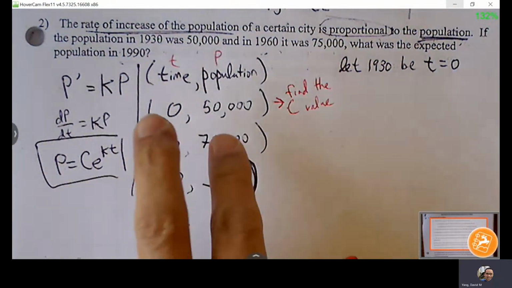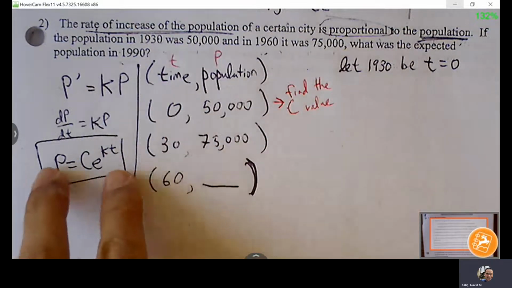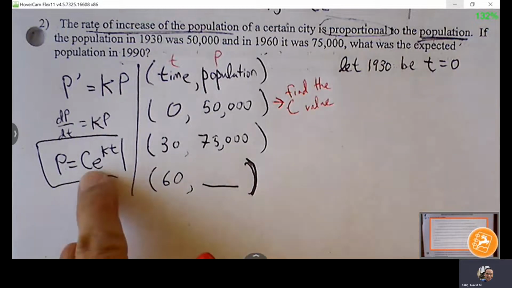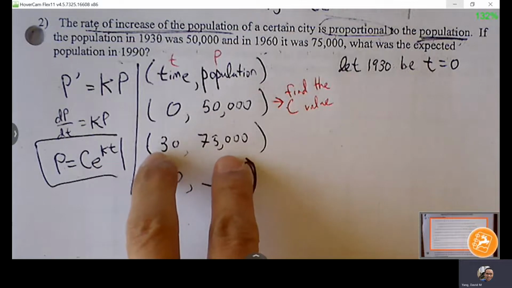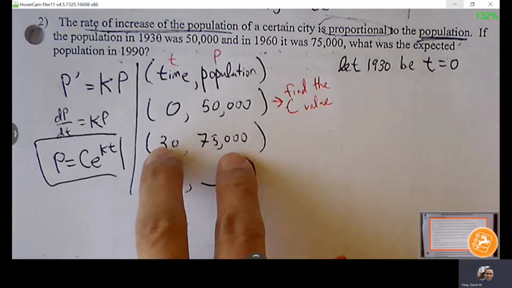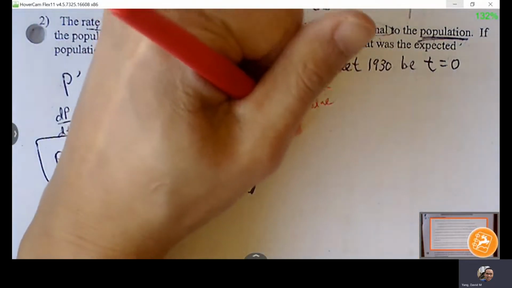And then what we're going to do is we're going to enter 0, 50,000 in for T and P. We're going to solve for C. And then once we solve for C, we're going to update the equation. And with the updated equation, we can continue to improve information about this equation using my second ordered pair. And the second ordered pair is going to help us find the K value.